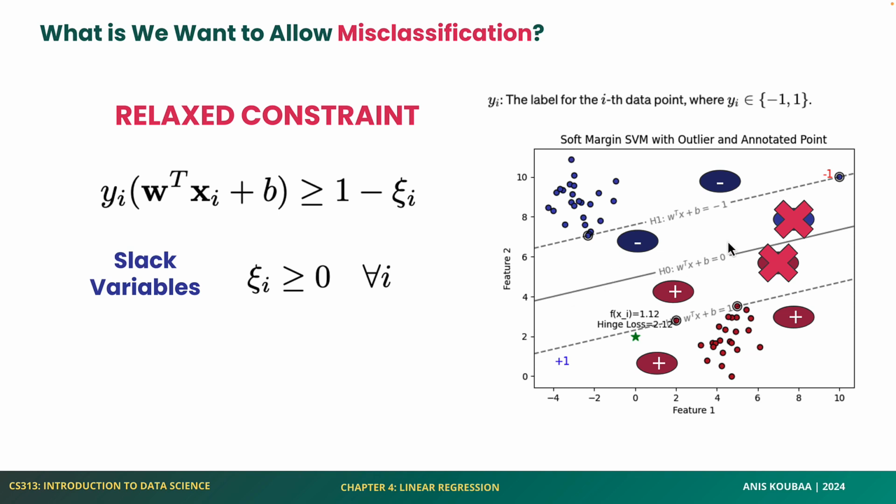So I can shrink the margin too much, or if this value is going to be, for example, high, I can also extend the margin. I'm going to show you a demo about how it works. So this Xi is considered as the constraint violation degree, to which extent I can violate the constraint of the margin. I can tolerate having misclassification.